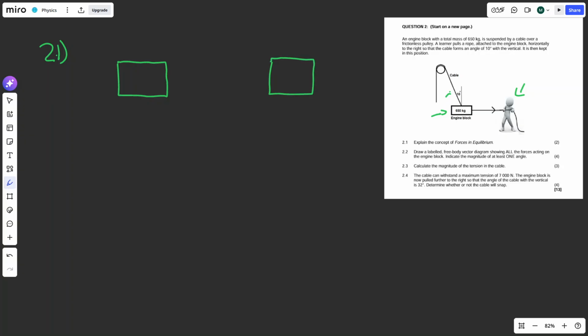This object here is not moving, so its velocity is 0. This object is moving, let's say 2 meters per second, and it is constant, meaning that the velocity does not change over time.